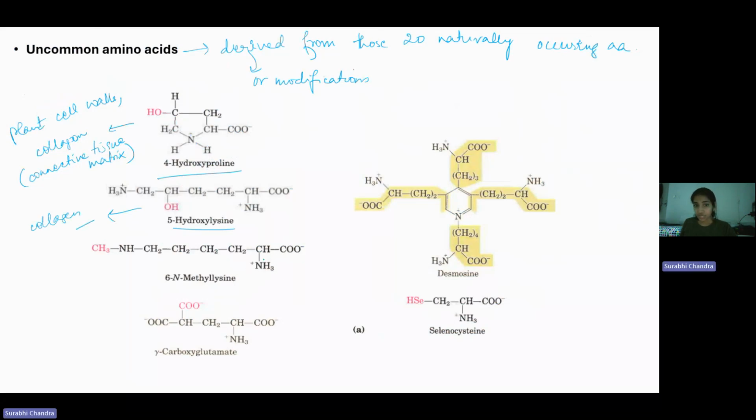Next, we have another modified lysine, which has been found in contractile proteins like myosin. Next, we have gamma carboxyglutamate, which is found in prothrombin. Prothrombin is a blood clotting factor.